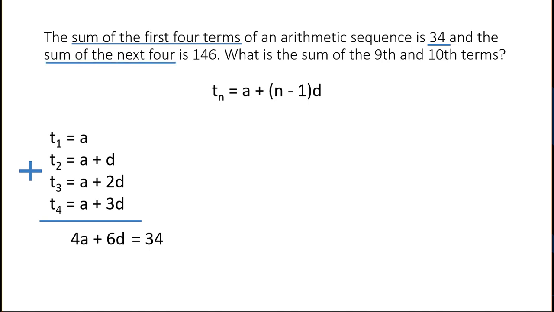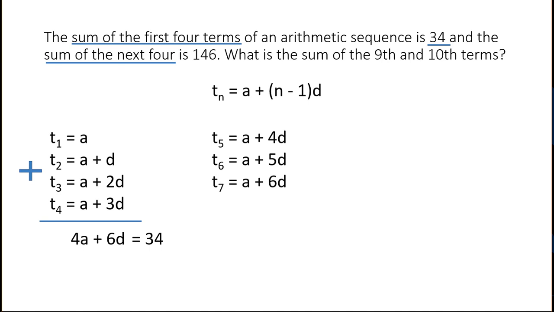And now I concern myself with the sum of the next four terms, and that begins with the fifth term, which is equal to A plus 4D, or A plus 5 minus 1D, according to the formula. So the fifth term is A plus 4D. The sixth term is A plus 5D.